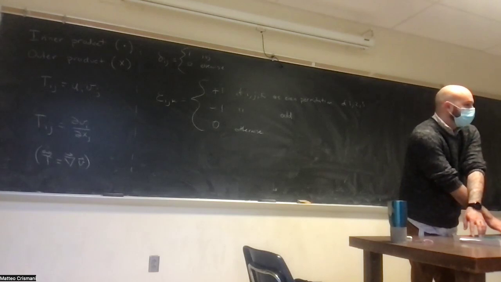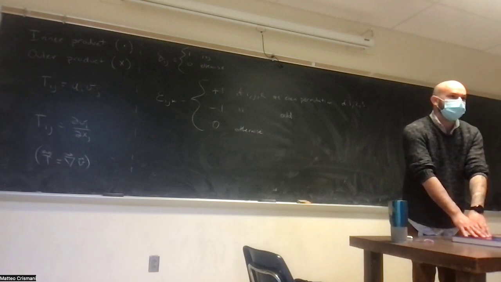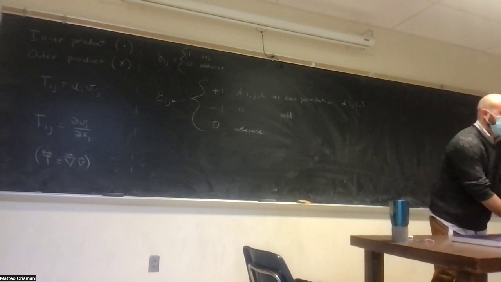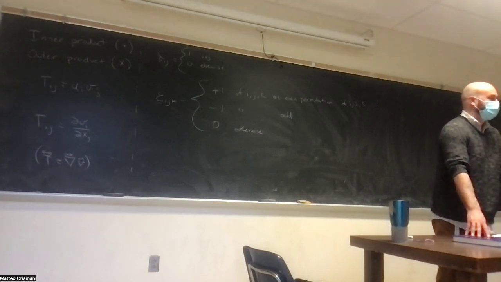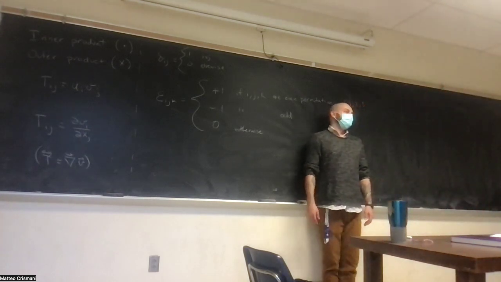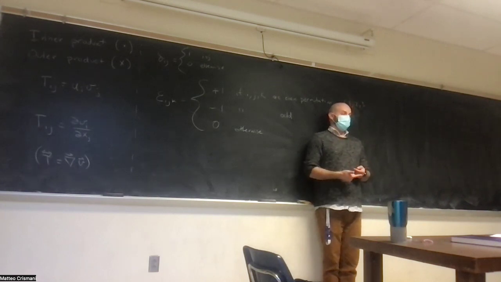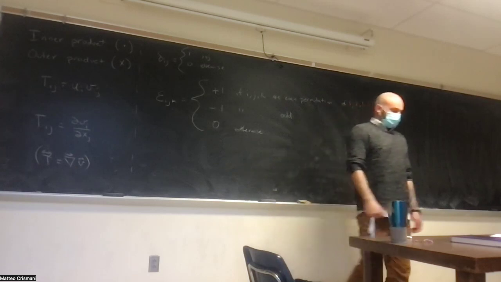So this would be an odd permutation, because this is A, C, B. That's one change. And this would be an even permutation. For every change that we make for i, j, k, that will be a permutation, and you're going to keep stacking them until you get back to what it was.